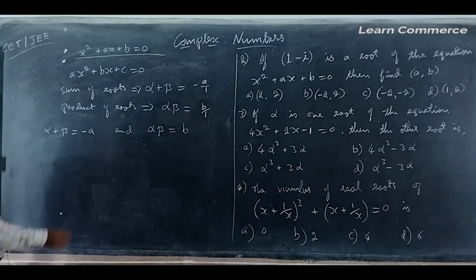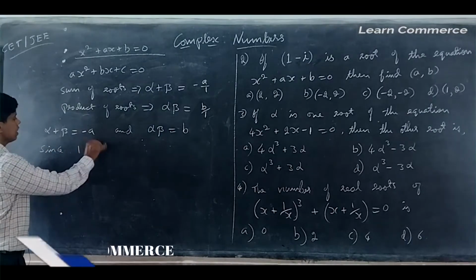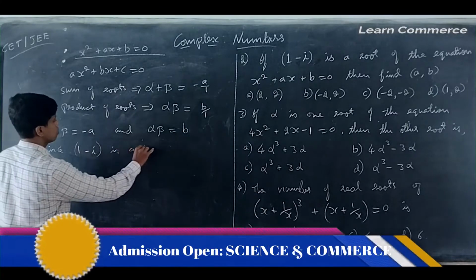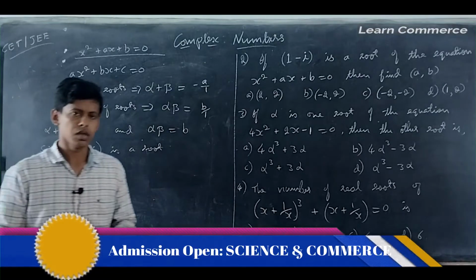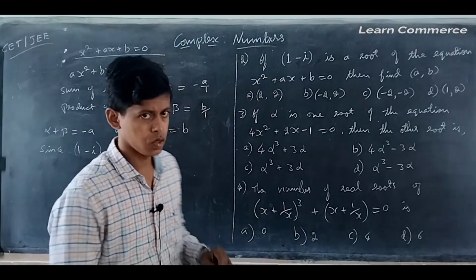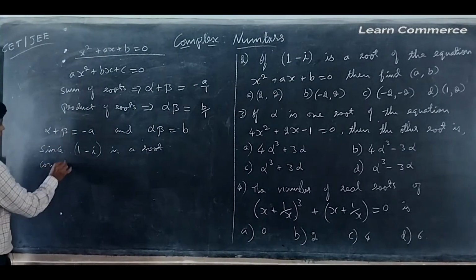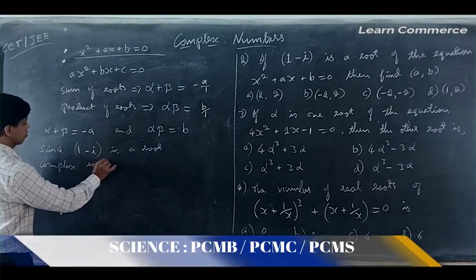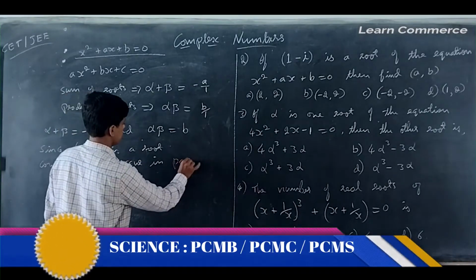Next, since 1 minus i is a root, always remember these complex roots occur in pairs. Complex roots occur in pairs.